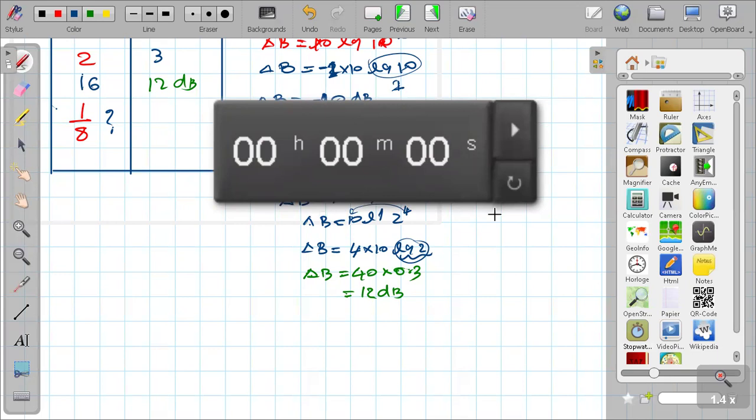Hmm, 3 times 10 to the power 0.5. Brinda girl. Hello, Brinda. Why don't you speak?